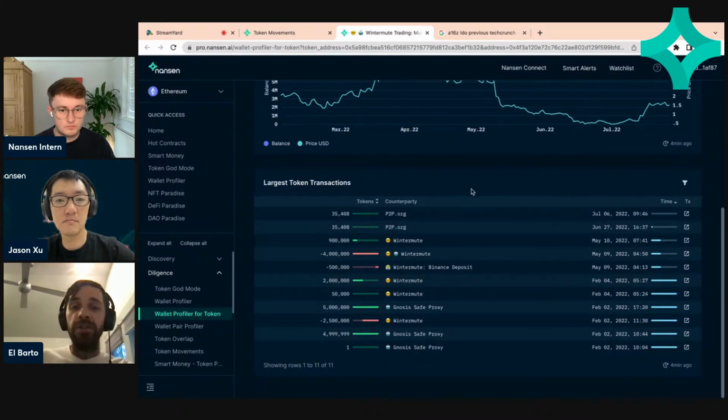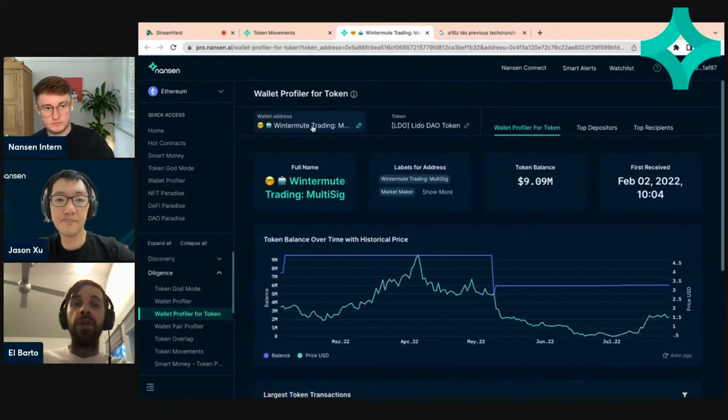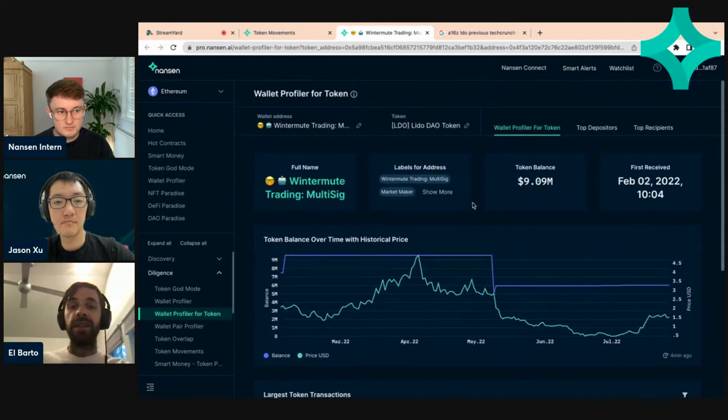So how can you use this going forward? You could label this as Wintermute prime brokerage or something like that. And every time they get a new token, you could ask, where did this token come from? What were they doing? Maybe they're holding it for somebody else. I don't know. And so you get into this discussion of what a label does, very specifically.